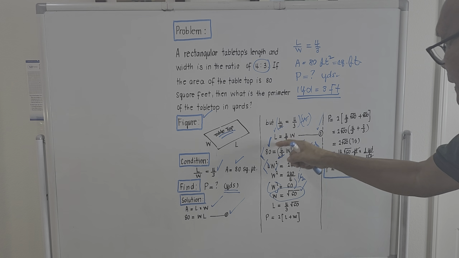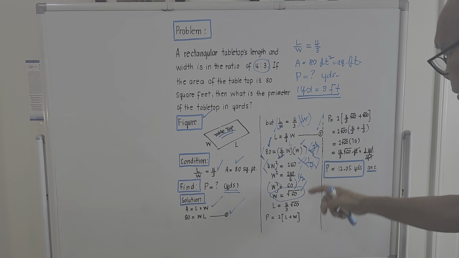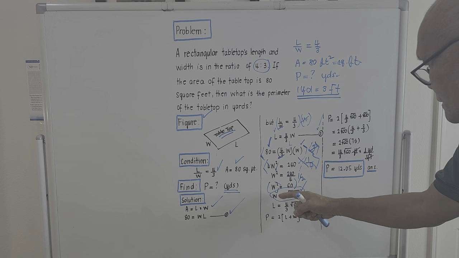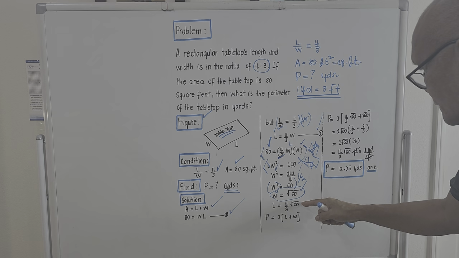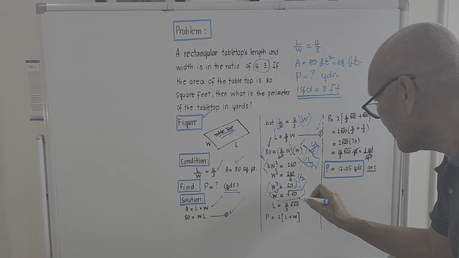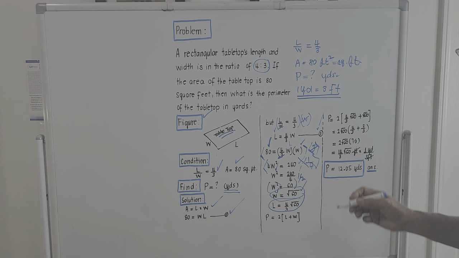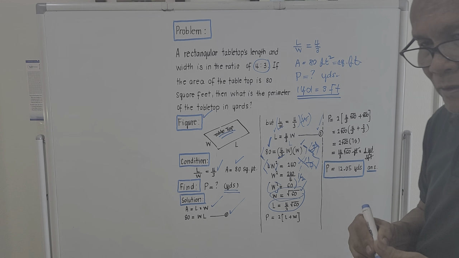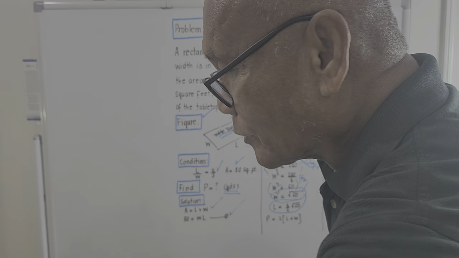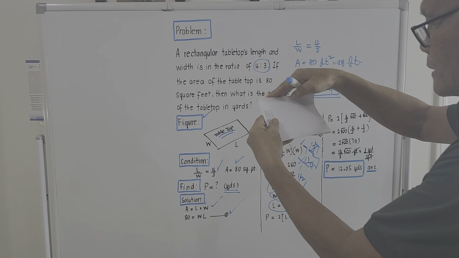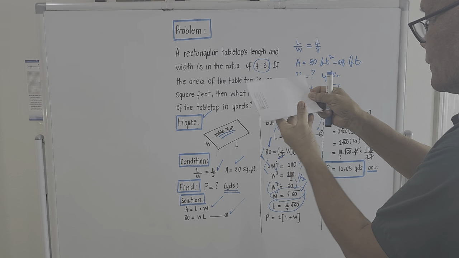And to compute for L, we'll go back to equation number 2. So it should be 4/3, okay, times the value of W, which is the square root of 60. So this is now the value of L. And if we try to recall the perimeter for any rectangular object, the total perimeter will be this length here plus this length here.